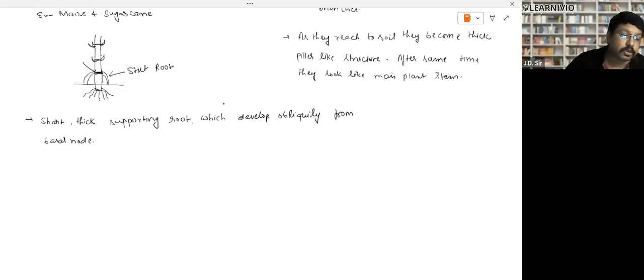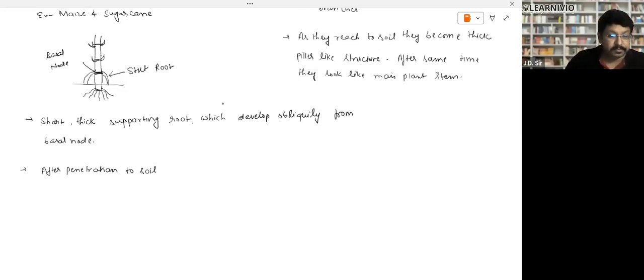Let me always draw the diagram. This is the basal node. So the basal node is the node which is present near the base, right? Next one. Example I have already told you. After penetration to the soil, when they reach the soil, they start behaving as roots, right?